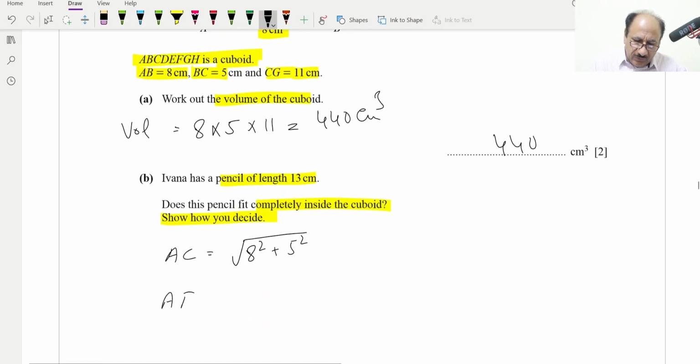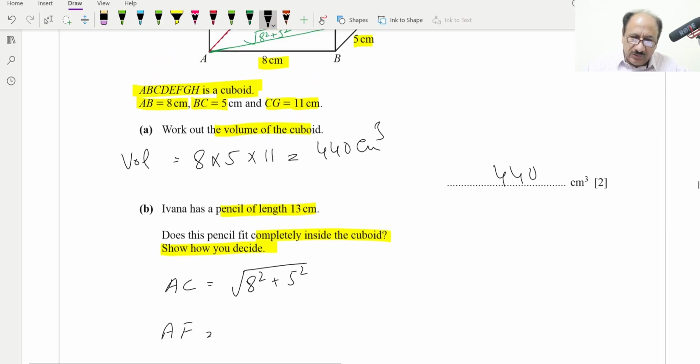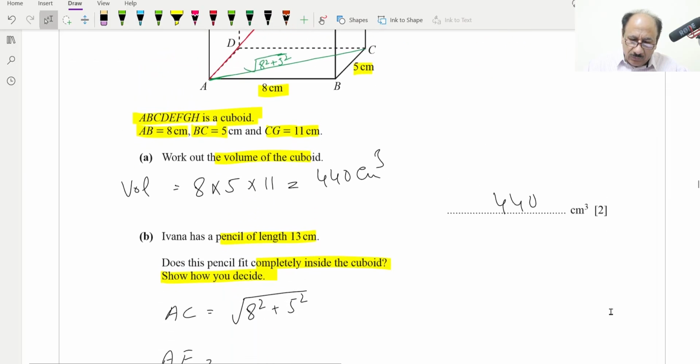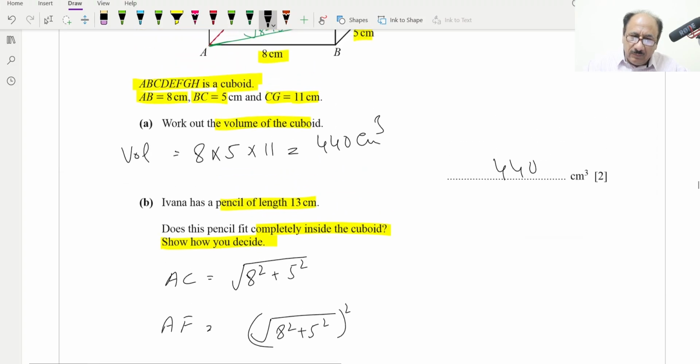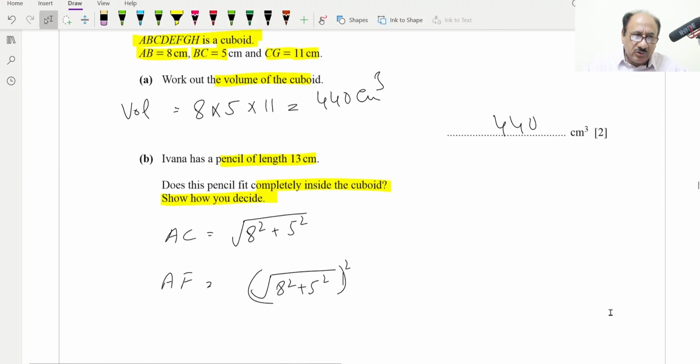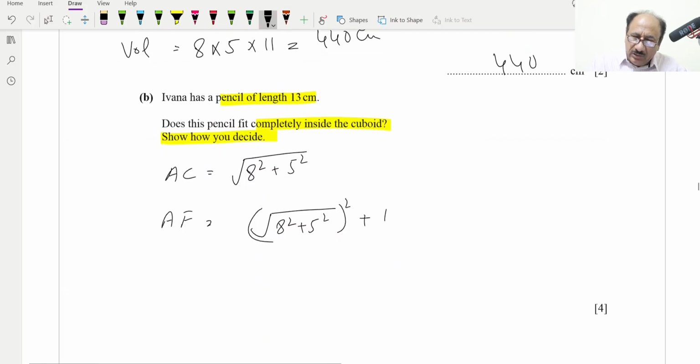Basically AF is equal to the square root of the square of this, 8 squared plus 5 squared, plus 11 squared, and we will take the root also like this.